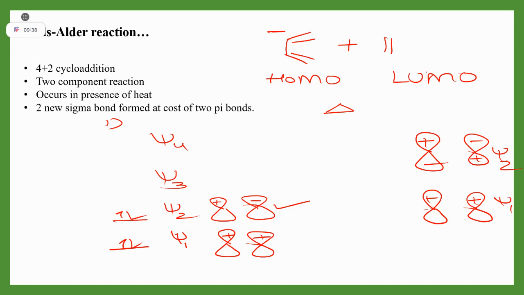It's the general case. We can also look at it the other way around, the reverse, but let's first say we are taking the HOMO of the diene and the LUMO of your dienophile.